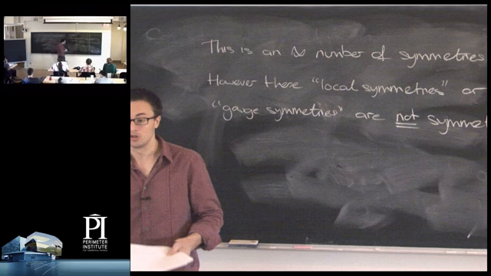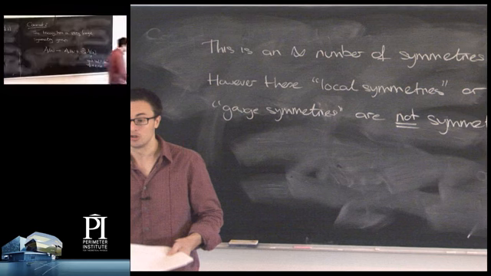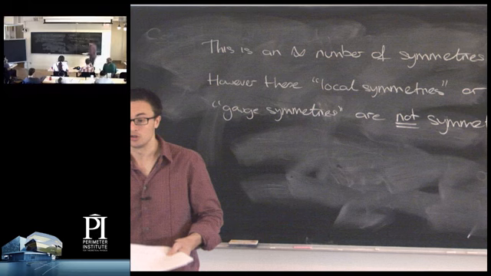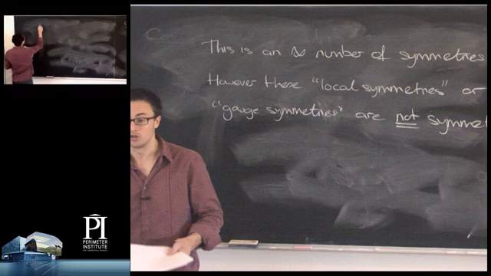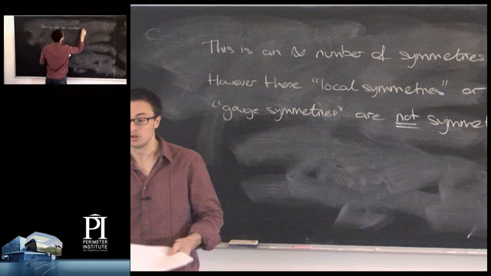Okay, let me write this down. It's important, so I actually will write this down. So this is an infinite number of symmetries, one for each function that you can write down, lambda of x.